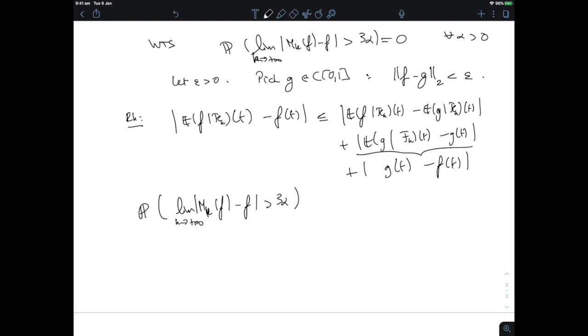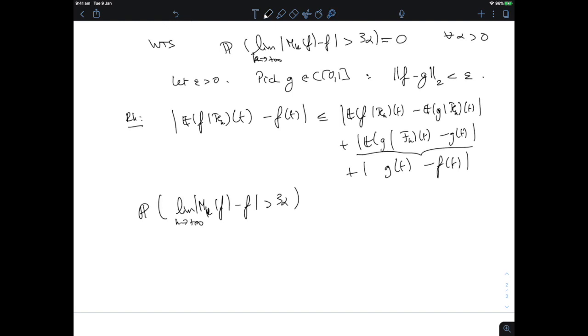Now, if this is greater than 3 alpha, I know that the limit exists, so it's equal to the lim sup, and so this can only happen if one of these three things has to be greater than alpha, right? If all three of them were to be smaller than alpha, then this would be smaller than 3 alpha. That was the point of the 3.